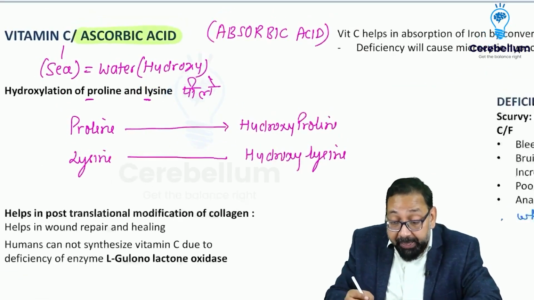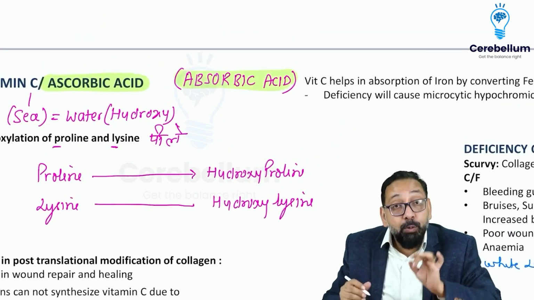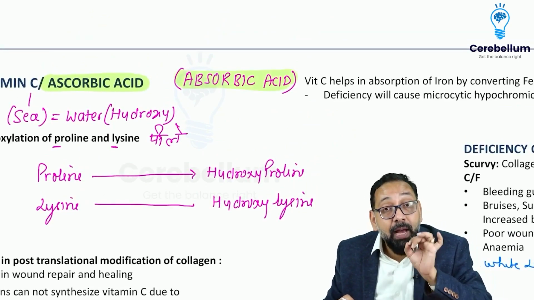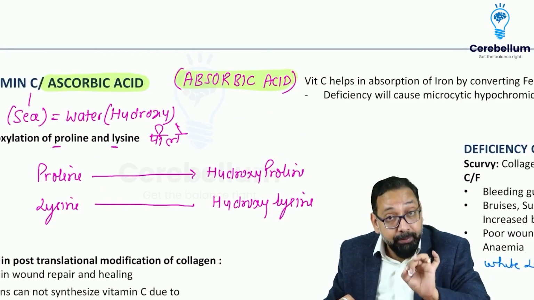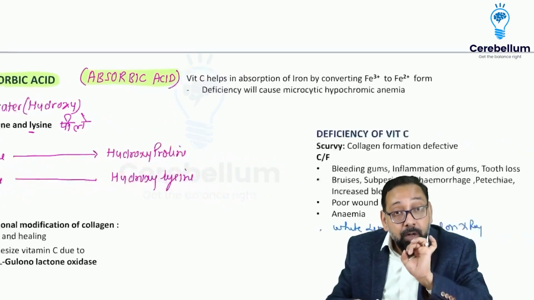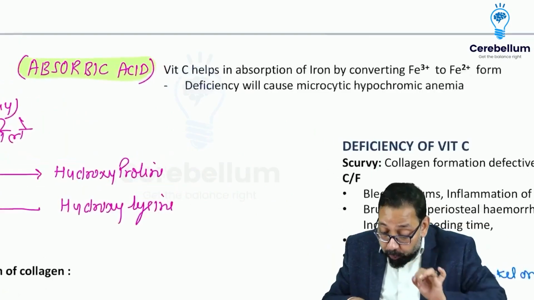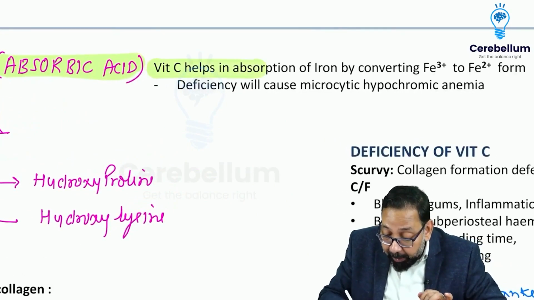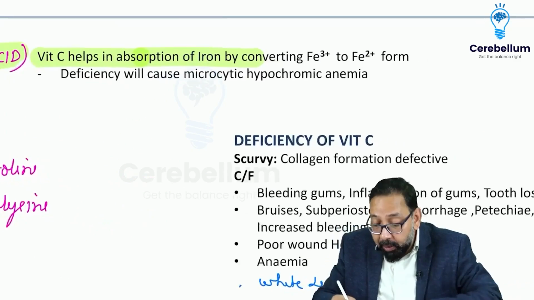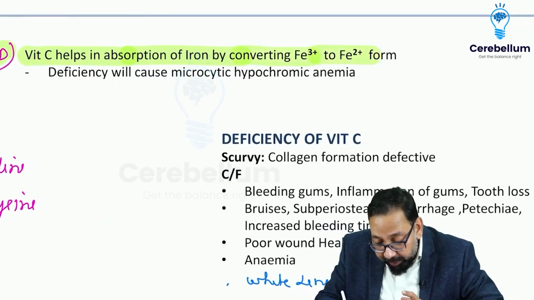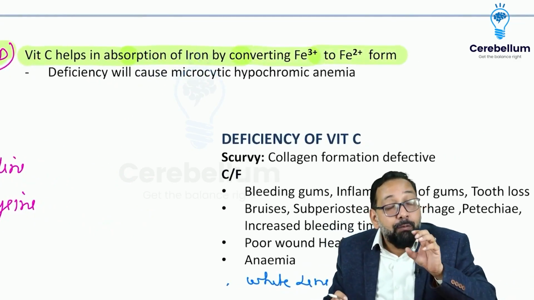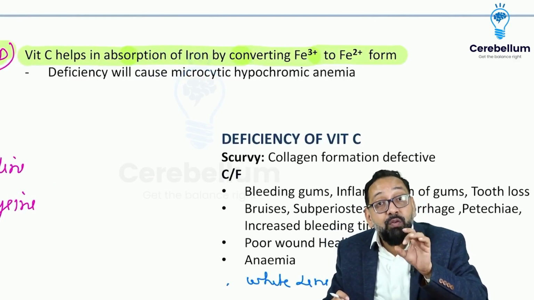I remember it as ascorbic acid because vitamin C helps in the absorption of iron. Vitamin C converts ferric to ferrous. So vitamin C helps in absorption of iron by converting ferric iron to ferrous iron. We know that iron is absorbed in ferrous form.